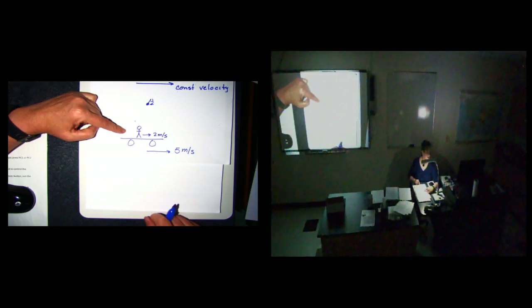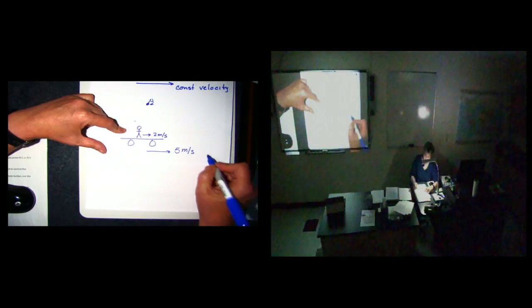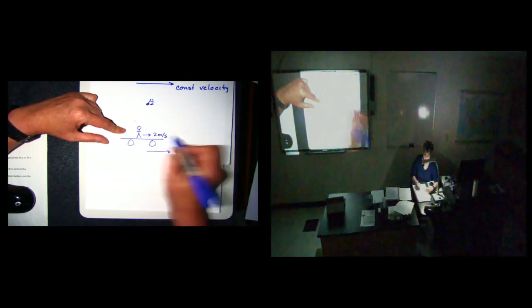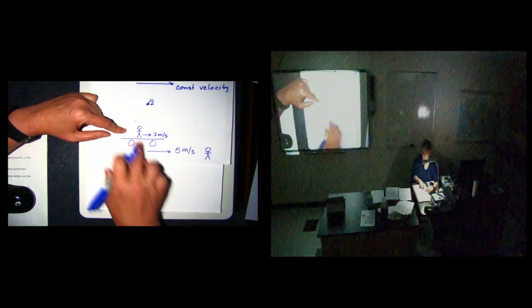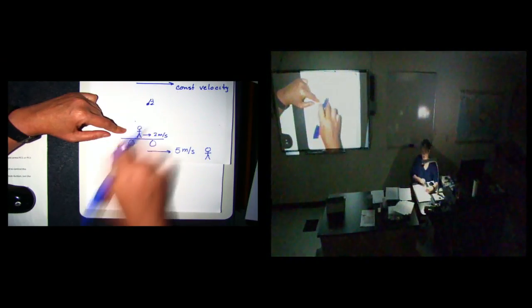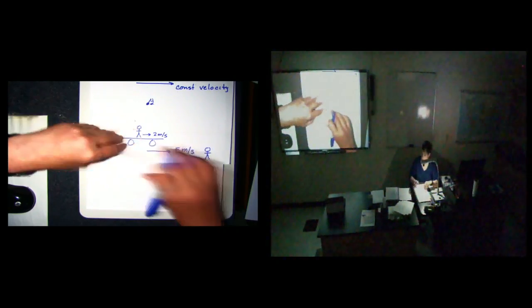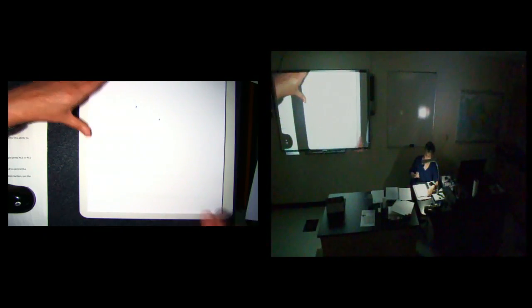Okay, so now what we're going to do is extend our equation of motion to a system of particles. All right, so just like what we did in engineering physics, I've got this blob, all right?